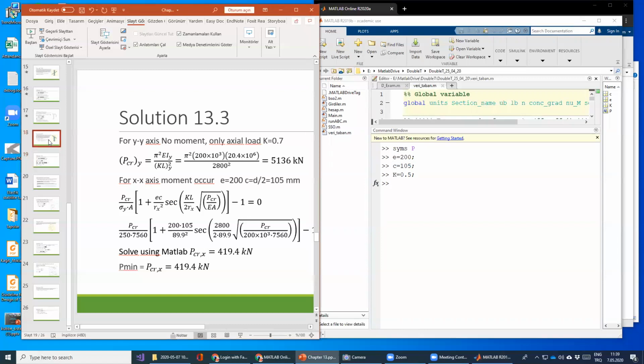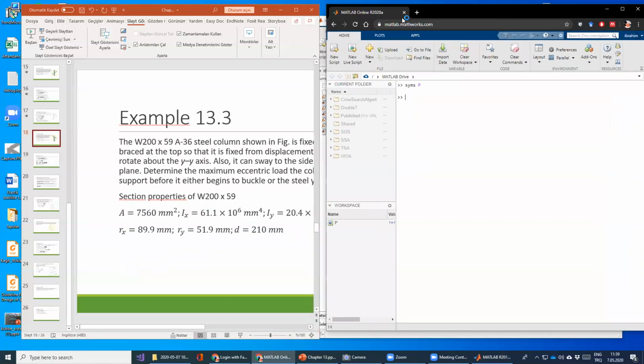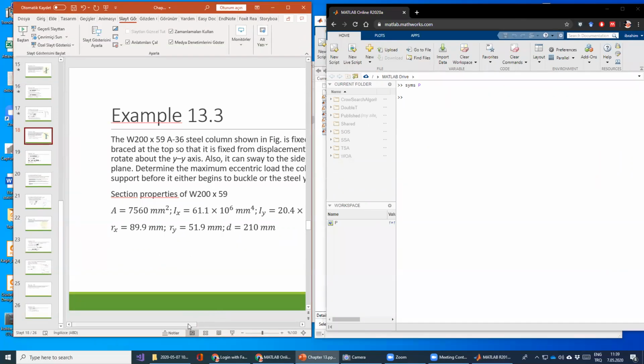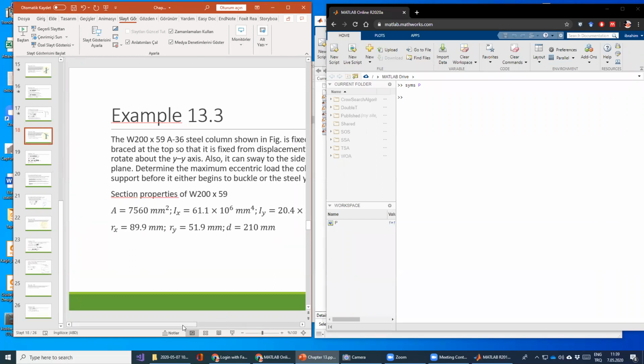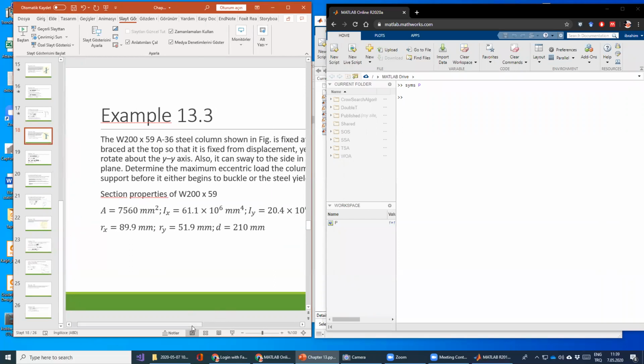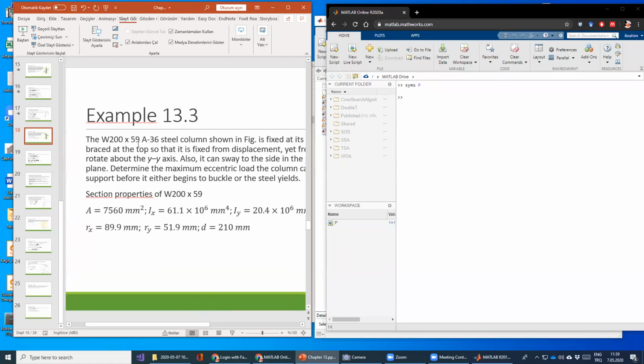I don't know the sigma y. Is it given or not? I think it should be given here, but I cannot see. Where is the sigma y? I forgot to write the sigma y. We use the same type of column, I think that is 250. Yeah.